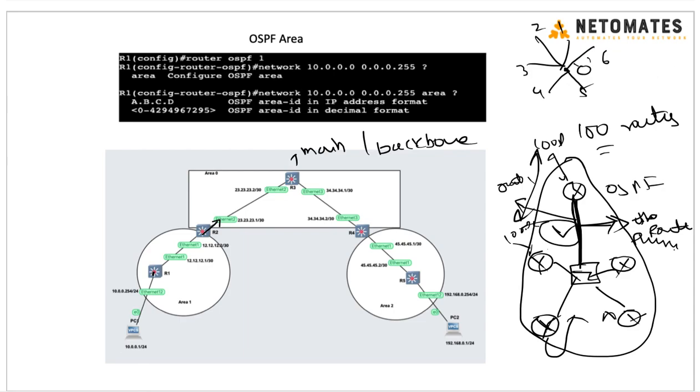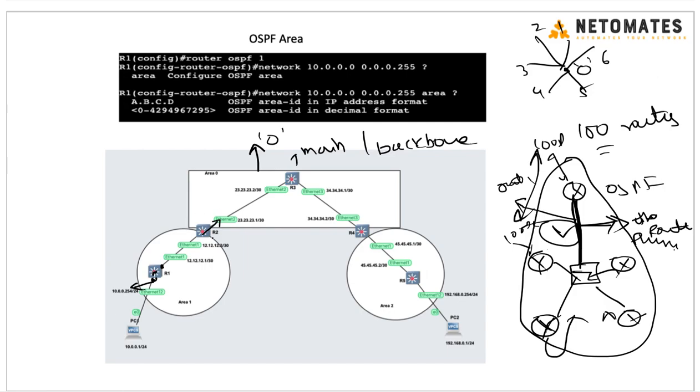So the thing to remember is there will be a main area and other areas will be connected to the main area. The main area ID will be 0. If we take this example, R1 is within area 1, so both its interfaces are part of area 1.